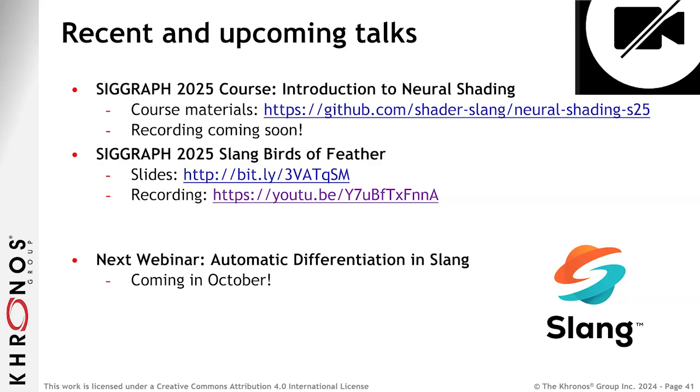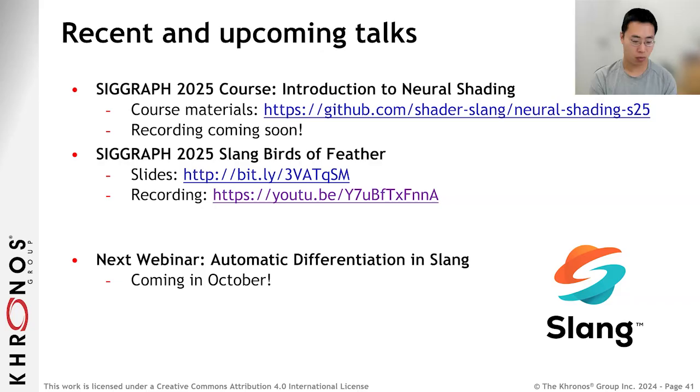Okay. Next one. Is there an easy way to link and specialize with slangc instead of a session? For complex compilations like this, we do recommend using the compilation API instead of slangc. But if you want to use slangc to do this linking, it is possible.